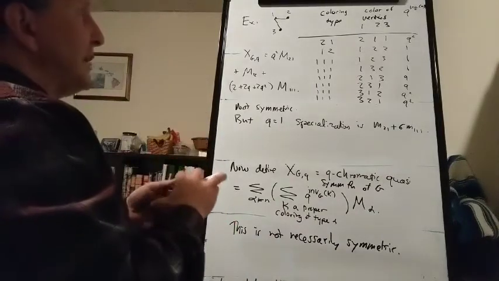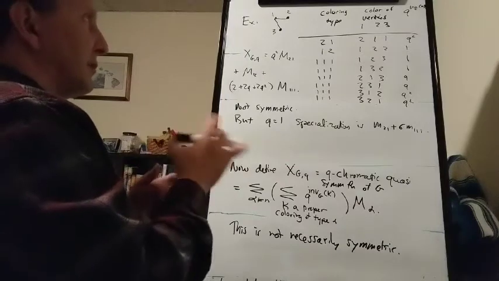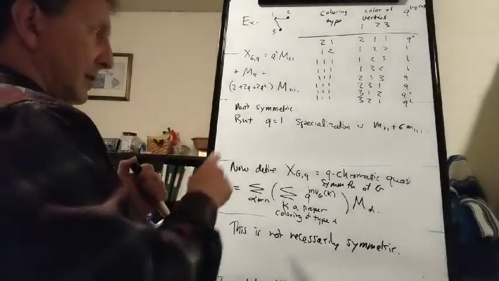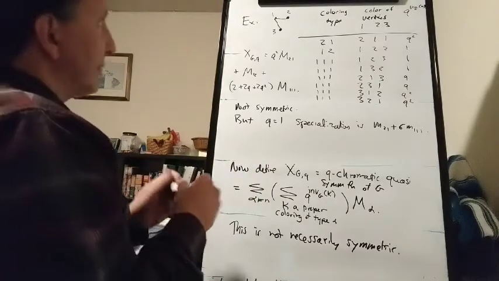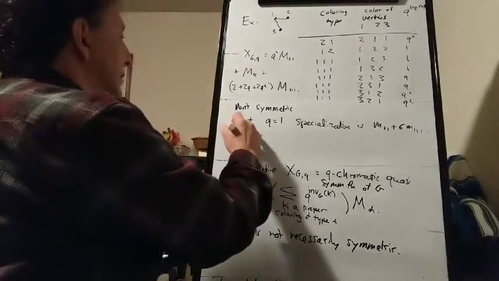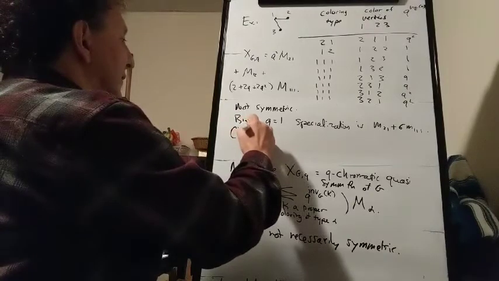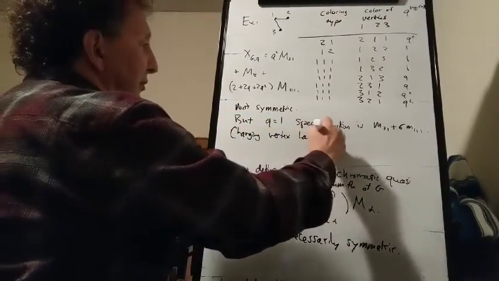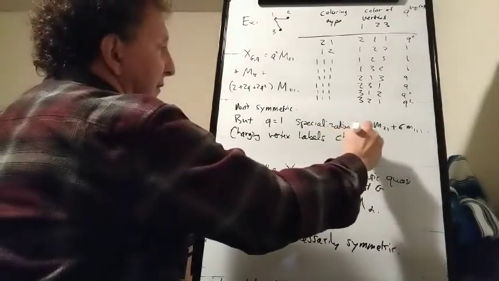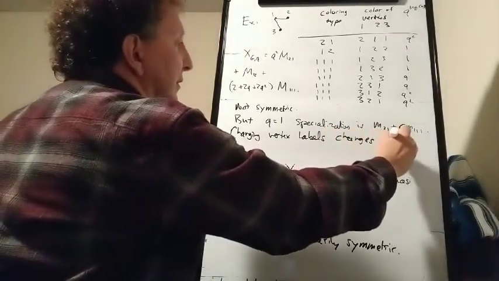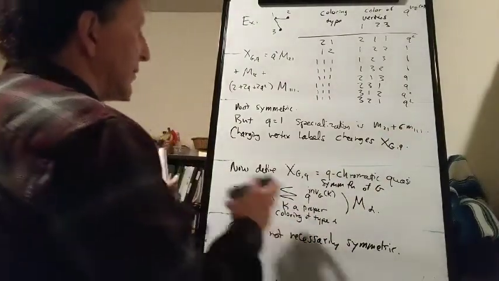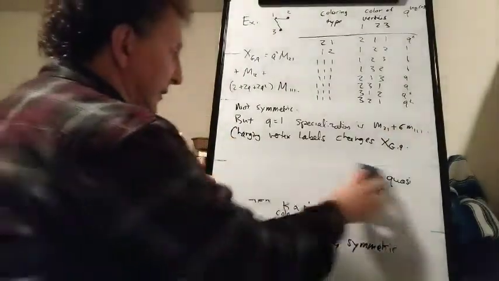Now also changing the labels of the vertices of a graph can change the q-chromatic quasi-symmetric function. So changing the vertex labels changes this function. So let's change the labels and do this again.